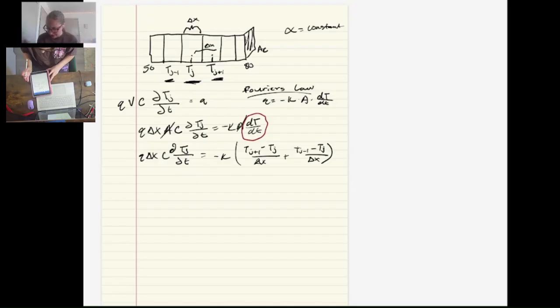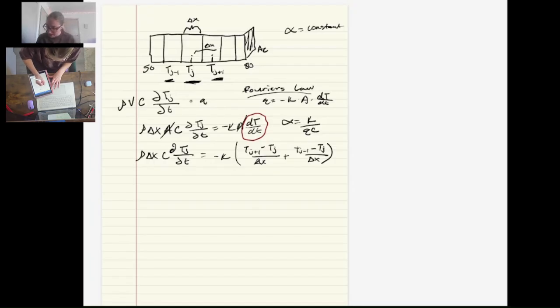After this, what we can do next is we know that the thermal diffusivity has an equation of K over rho C. Sorry, I've been writing rho as Q, and I got it flipped.